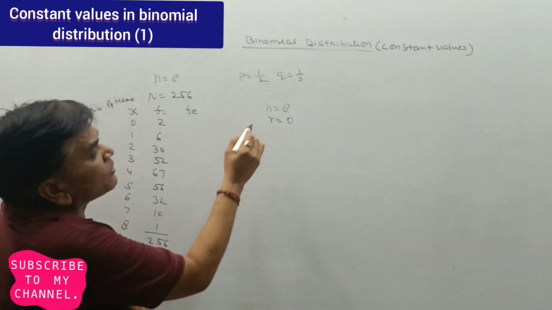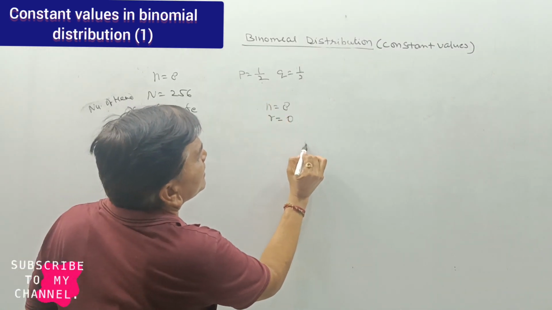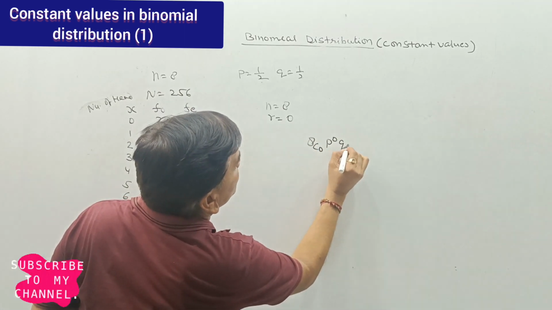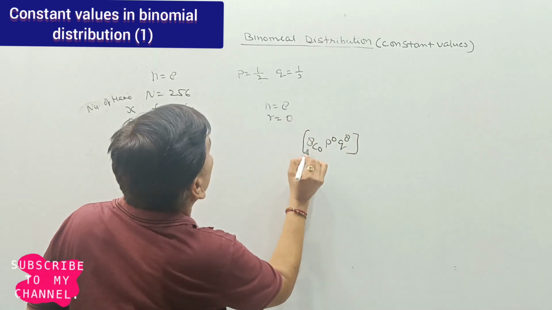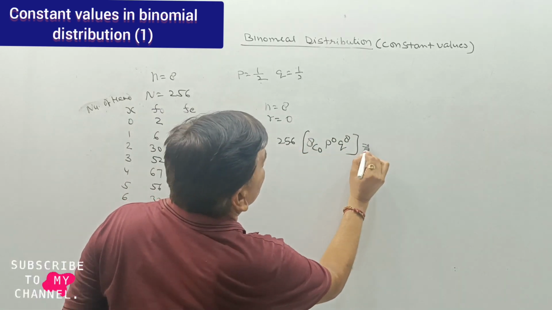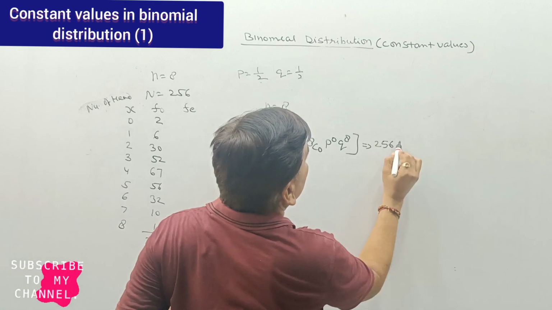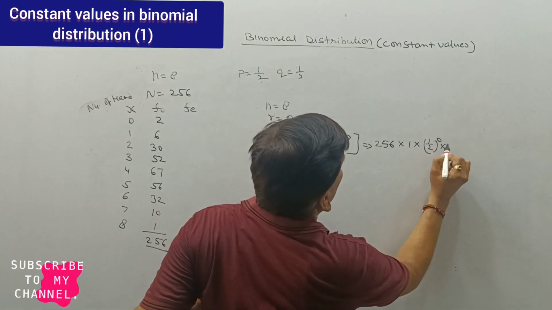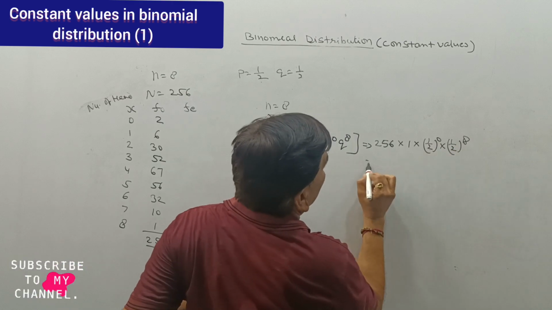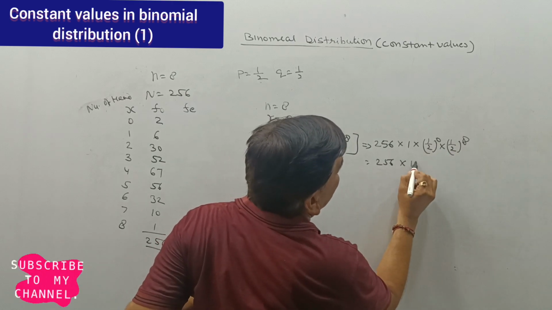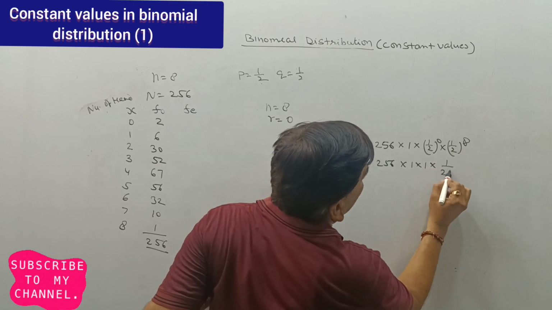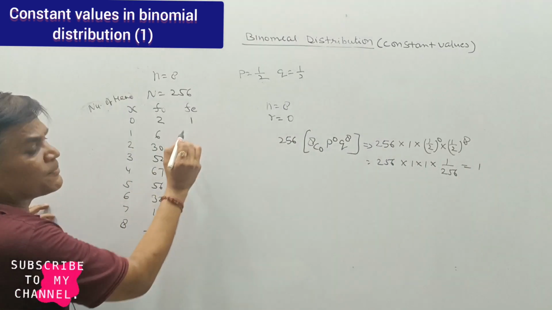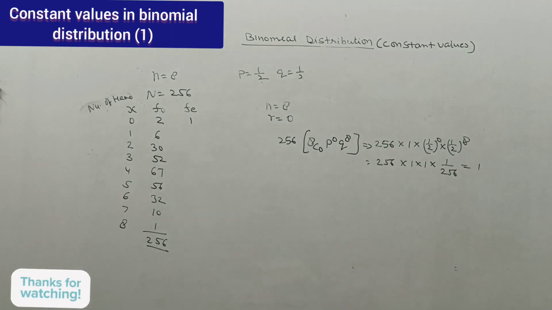So probability of getting 0 head is 8C0, p raised to power 0, q raised to power 8, and this happened up to 256 times. So that is 256 multiply 1 multiply (1/2) raised to power 0 multiply (1/2) raised to power 8. So 256 multiply 1 multiply 1 by 256, that is 1. So the estimated frequency for this is 1.